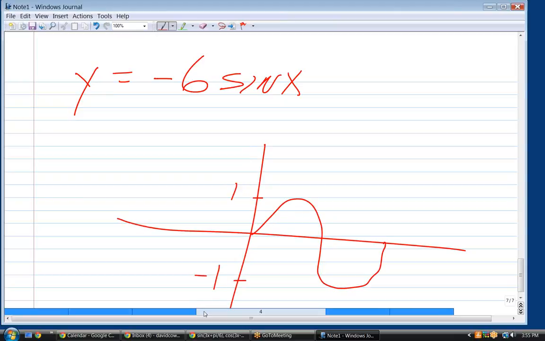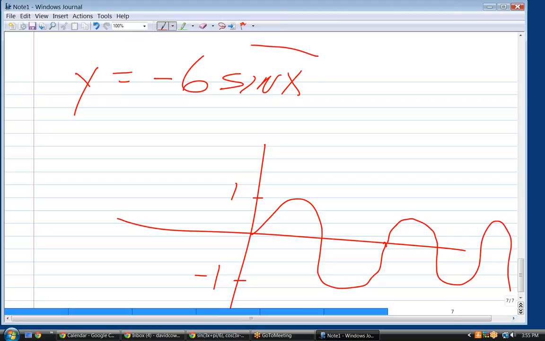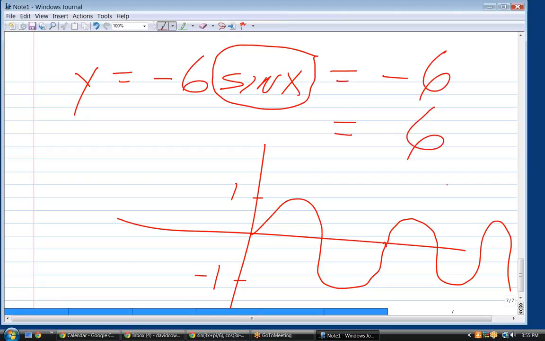Yeah, no, yeah, because if we look at the range of sine x, the range is -1 to 1. It's never greater than 1, and it's never less than -1. So the maximum that sine can ever be is +1, which would make -6, and the minimum it could ever be is -1, which would make +6. So there's your min and your max, -6 to +6.